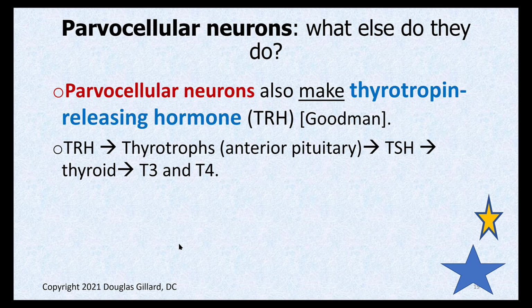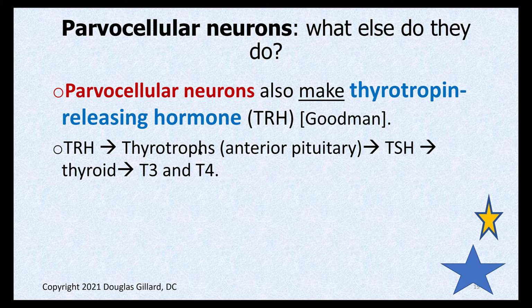Just a side note, I never make it to the thyroid story, which is still important. But those same parvocellular neurons also make TRH, thyrotropin stimulating hormone, which you probably will remember. That goes down to the anterior pituitary, and that binds to a different type of cell called thyrotropes.